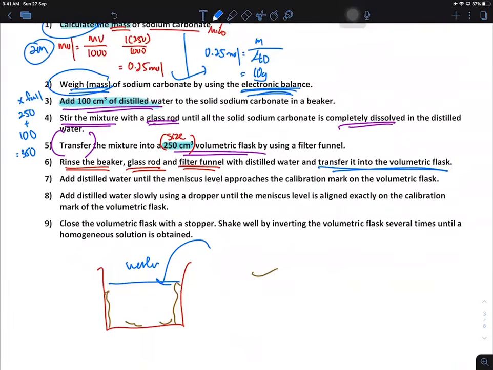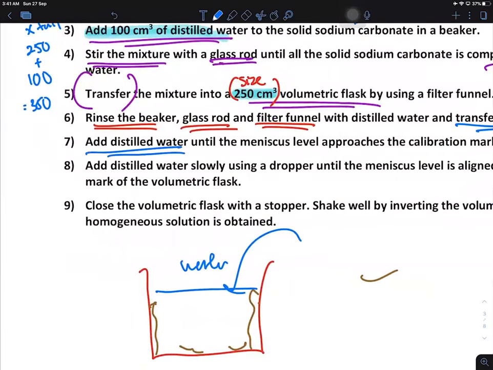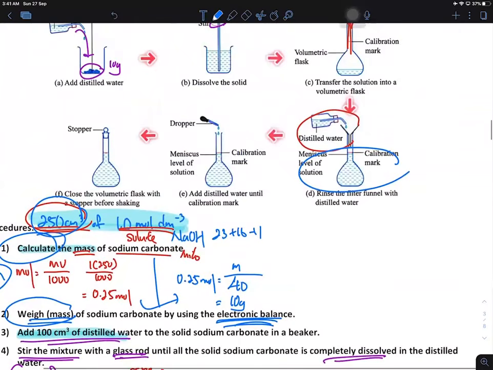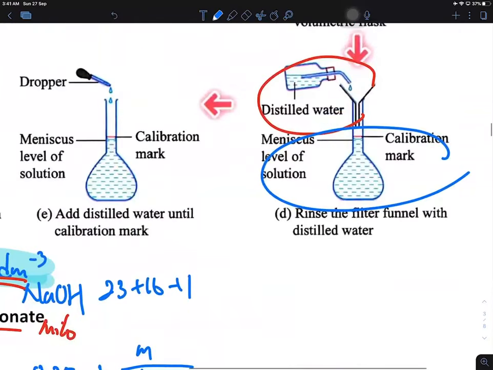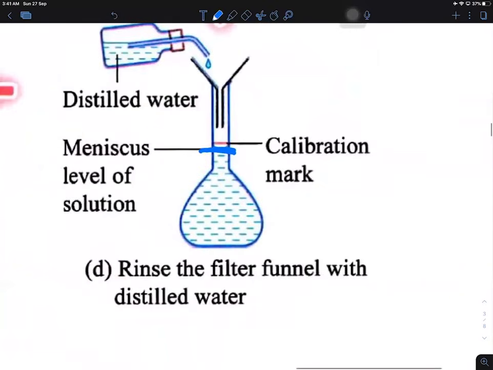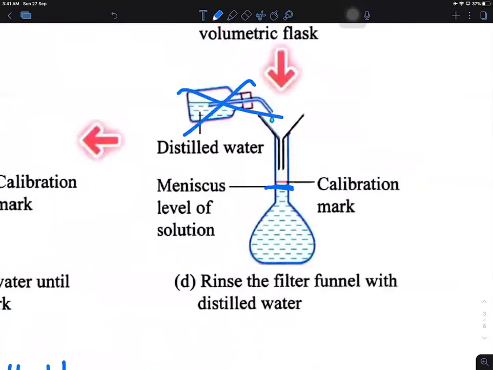Then what do you do next? Continue to add water until the meniscus level approaches the calibration mark. That means you are going to add water until the meniscus level is near to the calibration mark. Where it is near, you will not use this bottle to add water anymore.